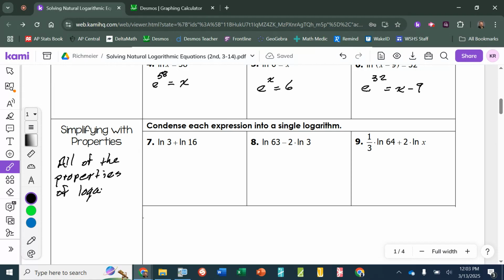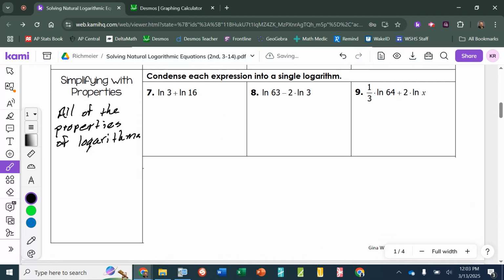So we still have the product property, we still have the quotient property, and we still have the power property.